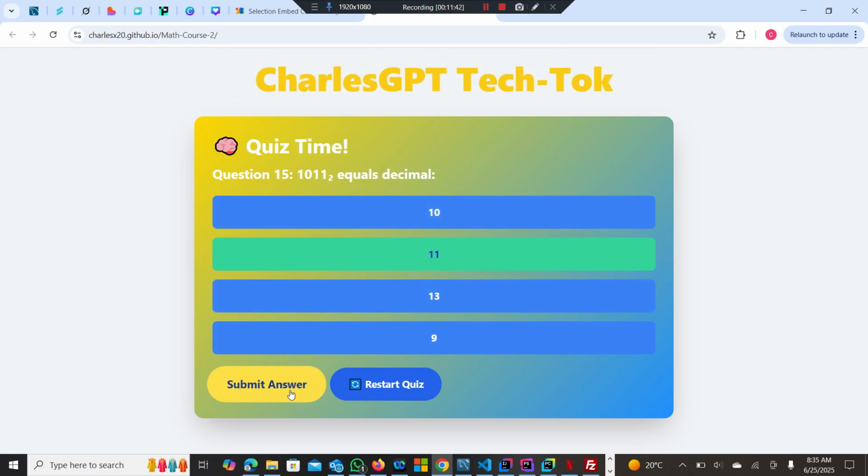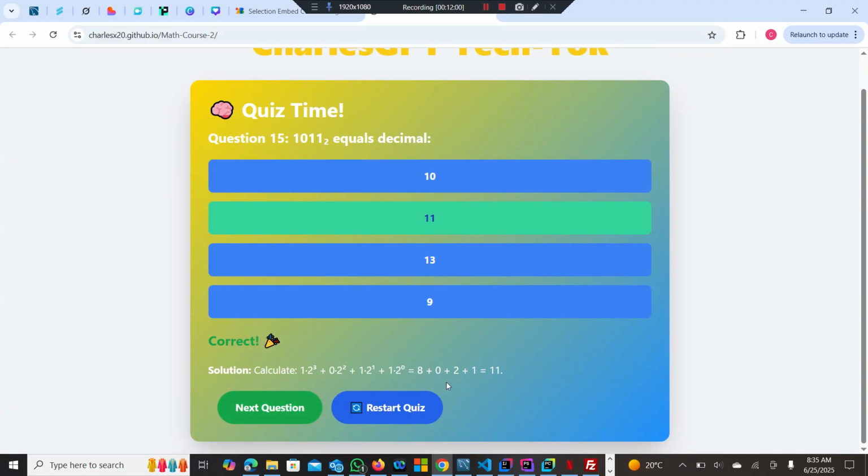So I'm just answering my questions. You guys can get your own questions from my GitHub link in the description. So it gives you a solution where you get errors, and I hope my program works very well for every system, every phone, and everyone that wants to learn maths. So submit, it gives you the solution. Note this dot means to multiply, or times.